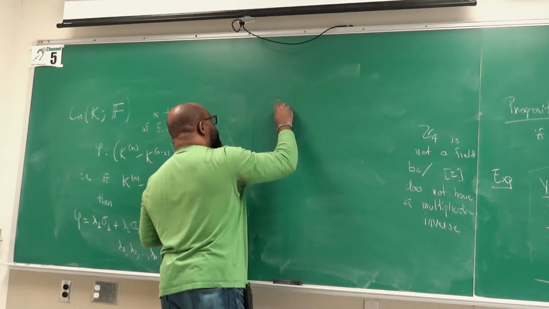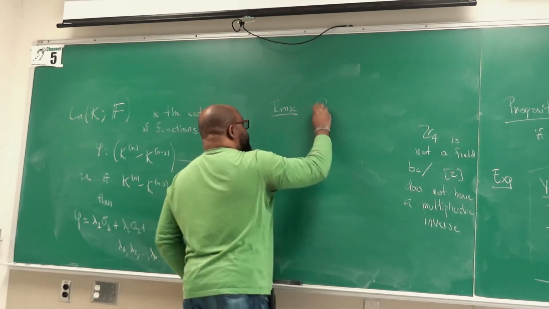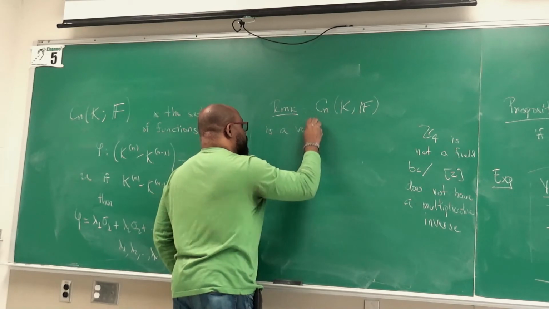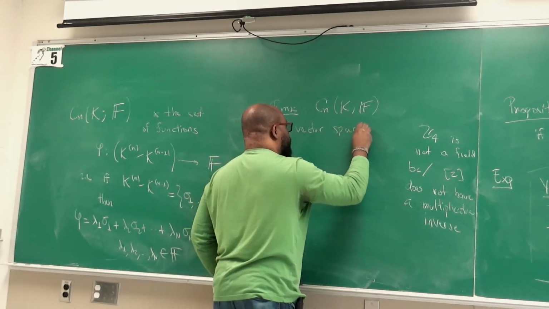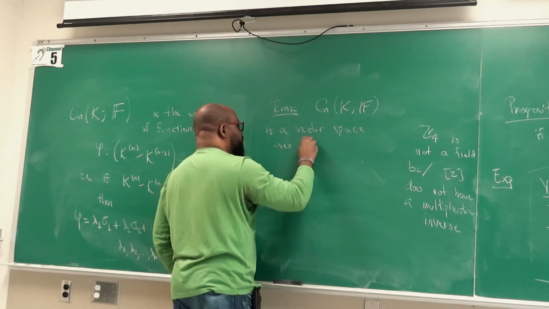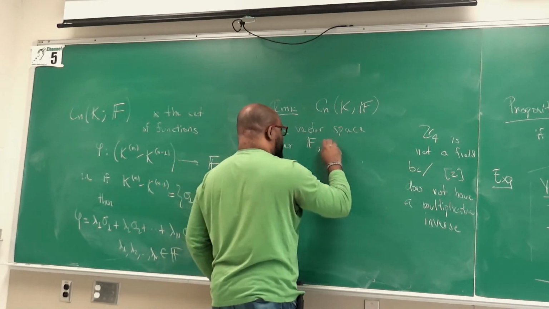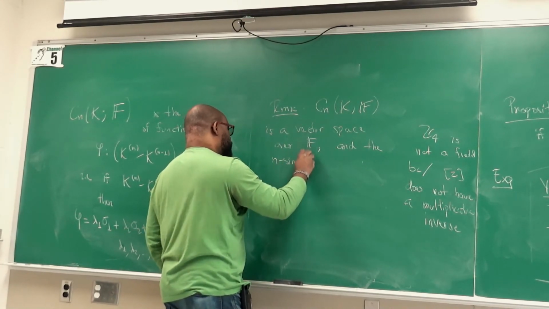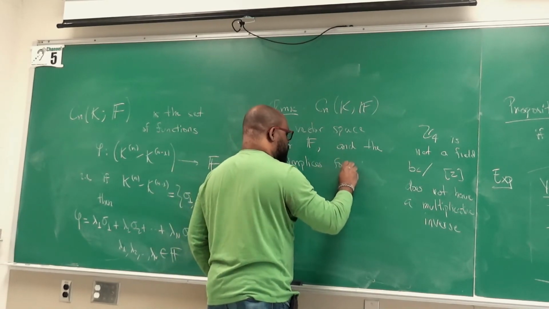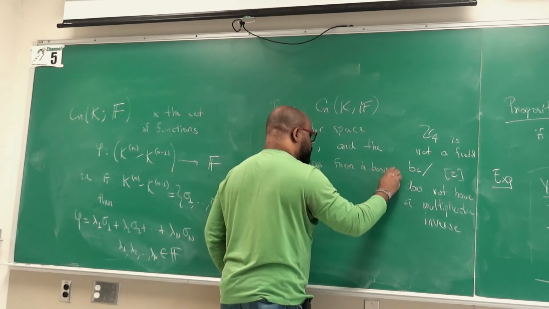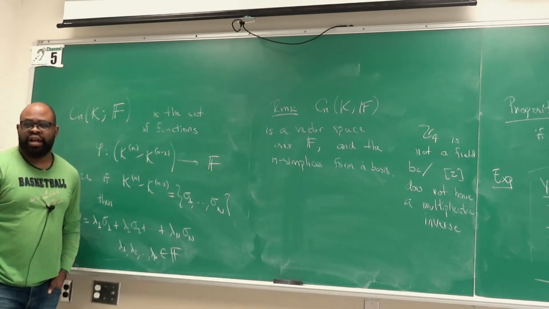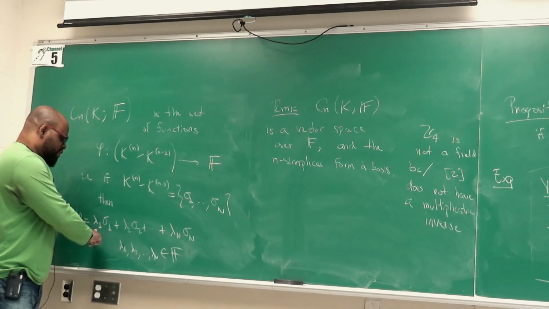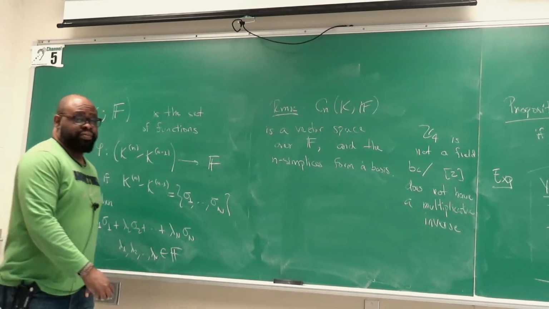So the remark now is that Cn(K;F) is a vector space over F, and the n simplices form a basis. So now all your intuition from linear algebra actually works in here. You can think of these chains as vectors, right?